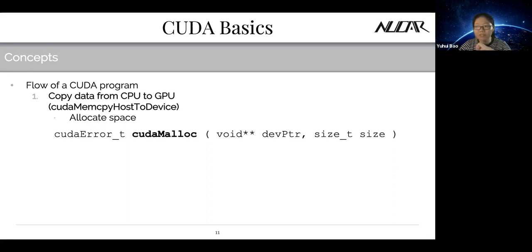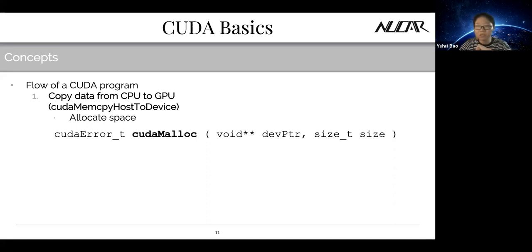So you pass the pointer, and this pointer is the beginning address of the memory range you want to allocate on the GPU, and also pass the size, the memory size.